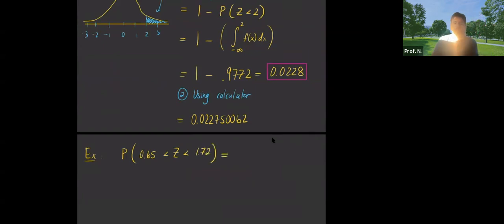What if I want to find the probability that my standard normal random variable is between these two values? What would this represent geometrically?